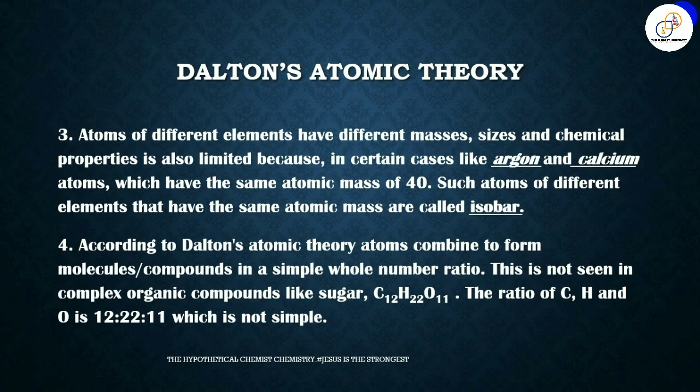Argon is the 18th element on the periodic table, calcium being the 20th element on the periodic table. But they all have atomic masses being 40 each.